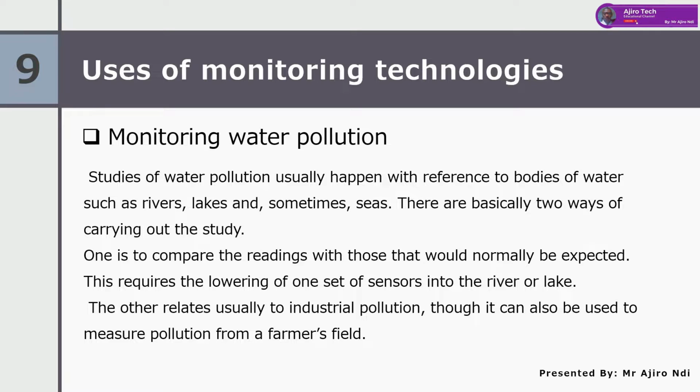The process carried out is a comparison of readings with normal values if it's the first method, or a comparison of values from the other set if it's the second method. So one is reading the normal values, the other one is comparing.